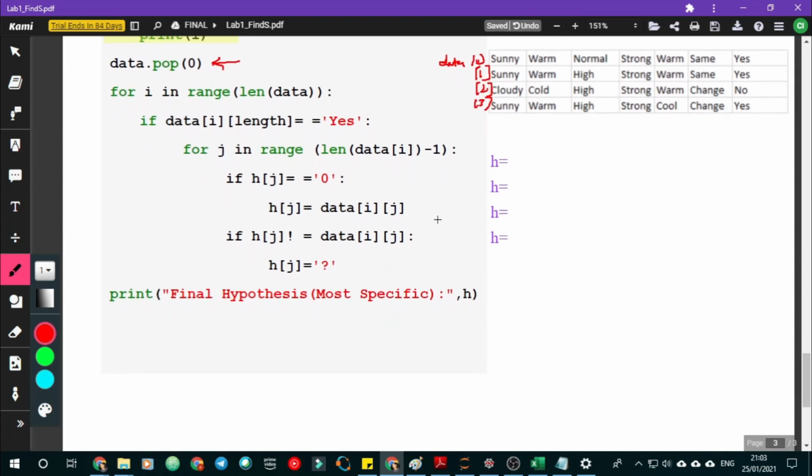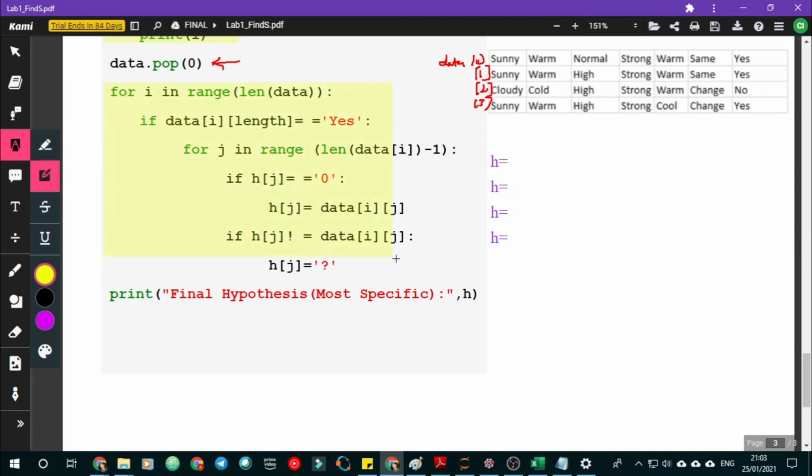Next is to traverse through all the data samples, because we have already initialized the hypothesis. Traversing means there are two loops: one is the outer loop, and the next one is the inner loop.